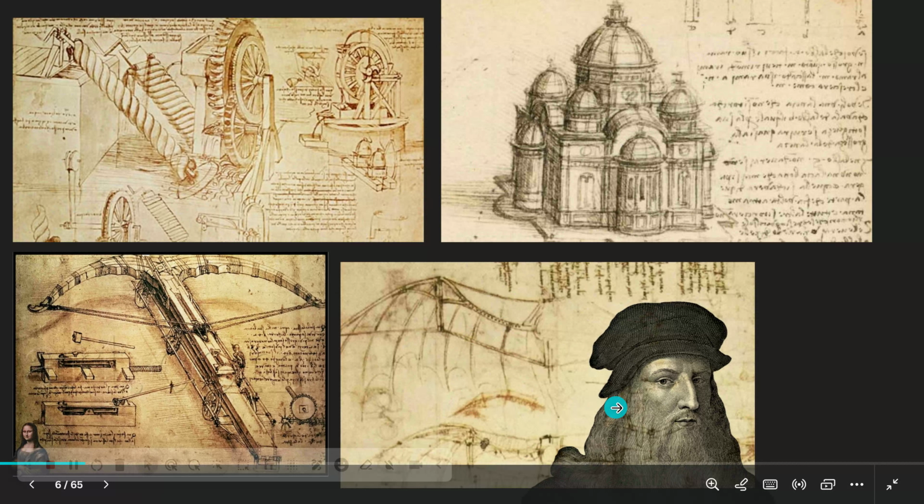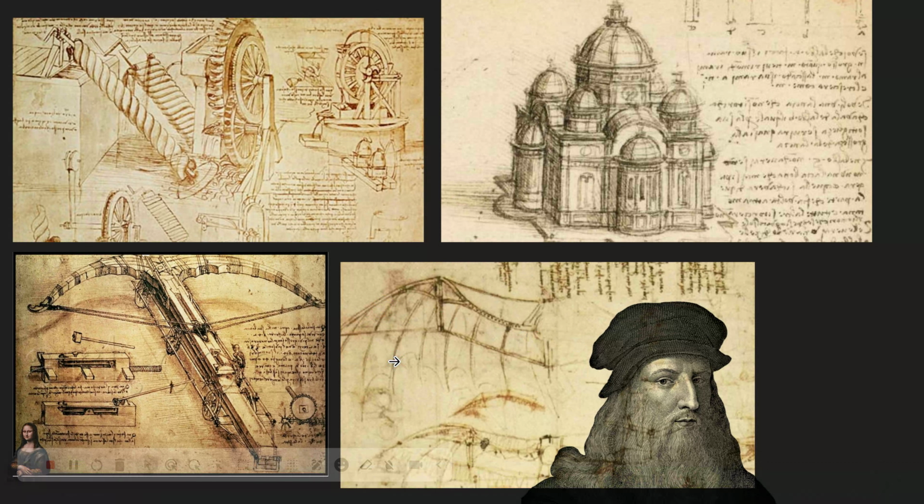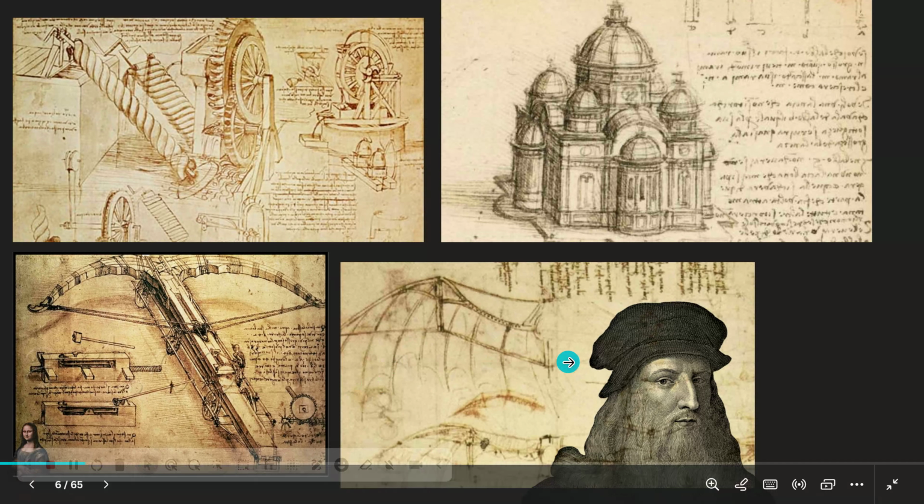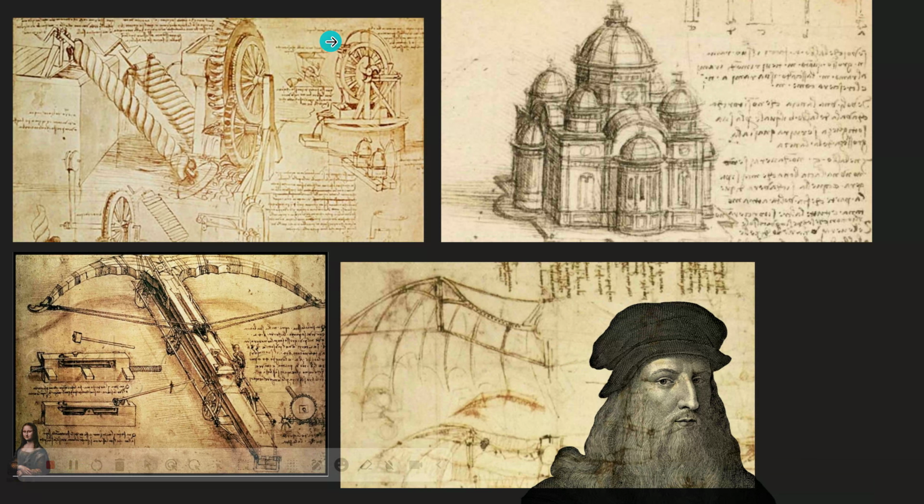I don't think he ever really figured it out, but he was trying to figure out how someone could be airborne using wings. He was also on his way to creating a water wheel and created several different renditions of this. And he also created a lot of architecture as well.